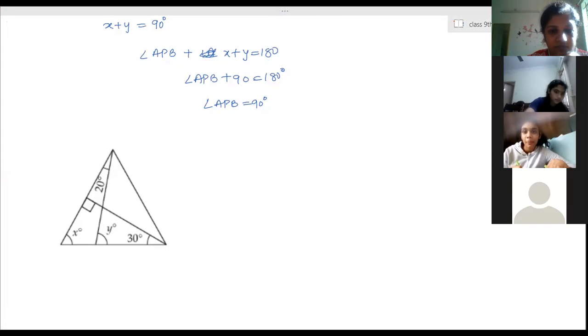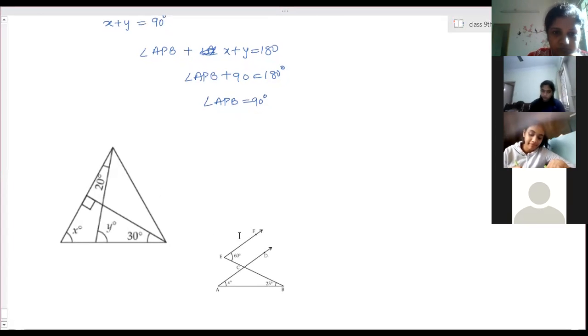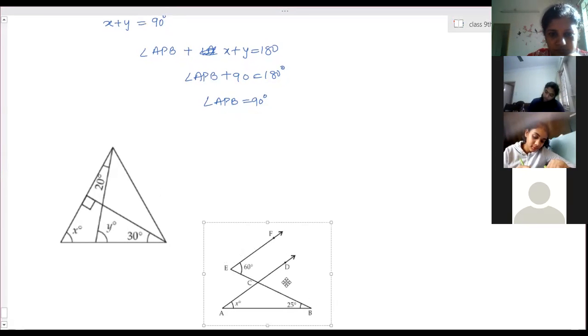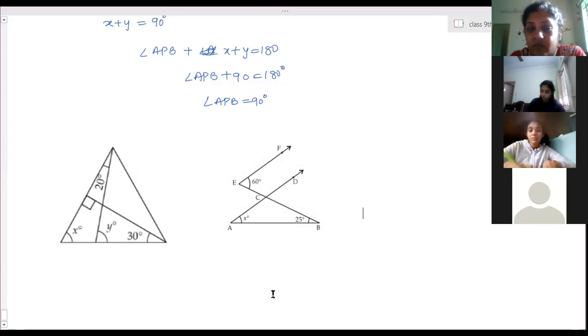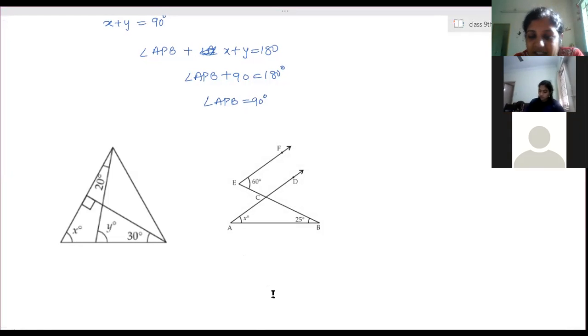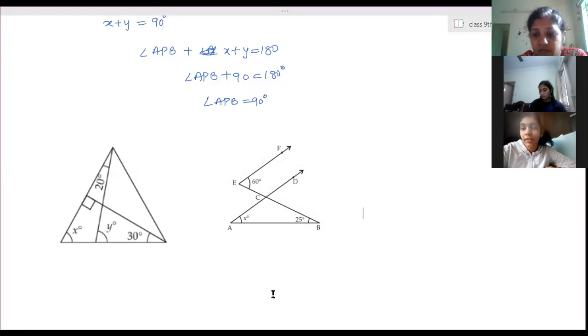Yes, ma'am. Find x. Ma'am, x is 35 degrees in the second one. Yes, ma'am, 35 degrees. And in the next one, x is equal to 35 degrees. That's right.